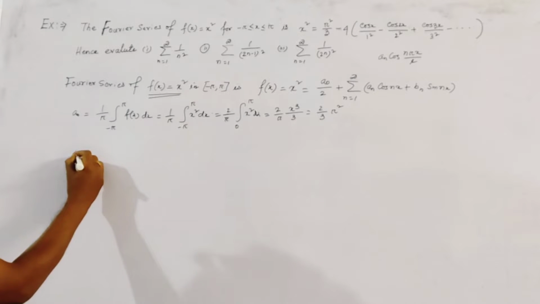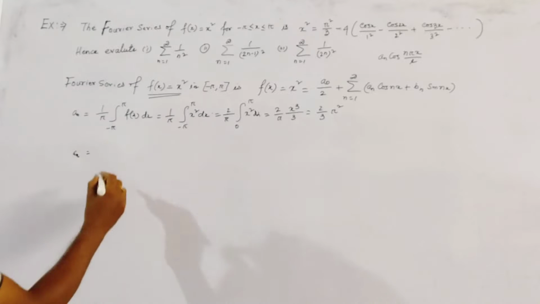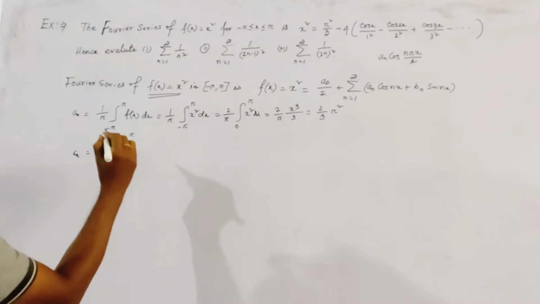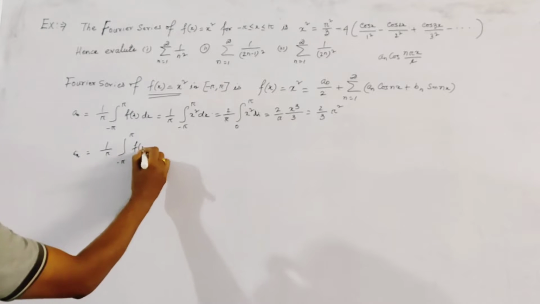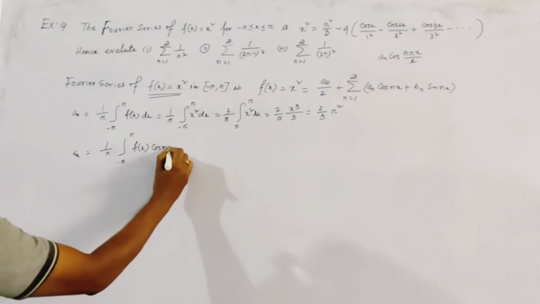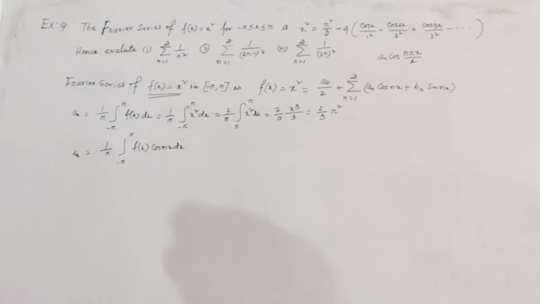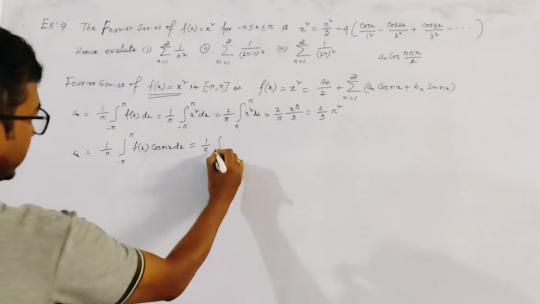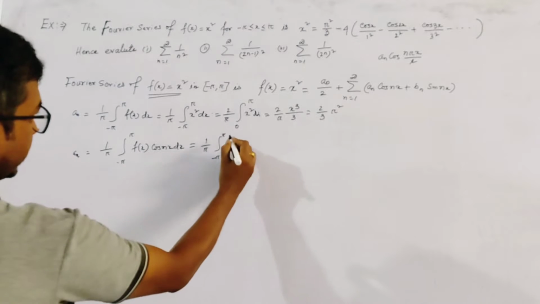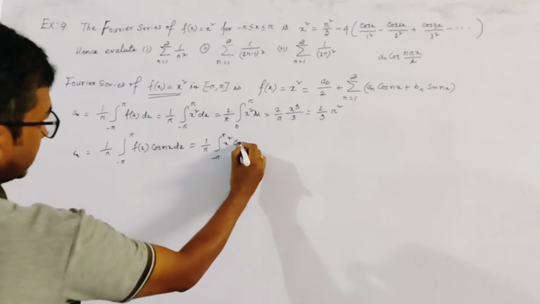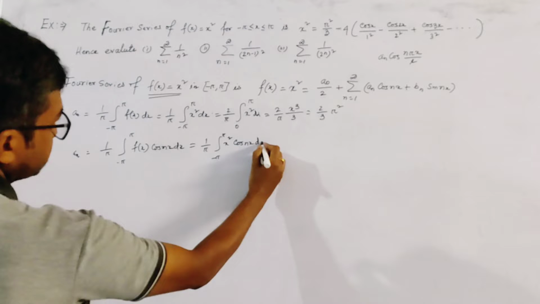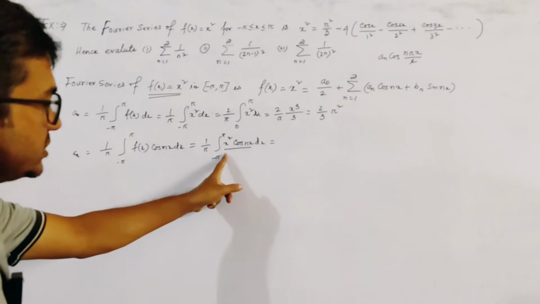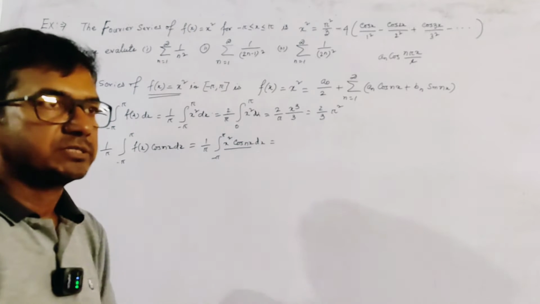And now a_n, what is a_n? a_n is 1 by pi integration minus pi to pi f(x) into cos nx dx, and this is given by 1 by pi integration minus pi to pi x square cos nx dx, and this is also an even function because x square is an even function and cos nx is an even function.